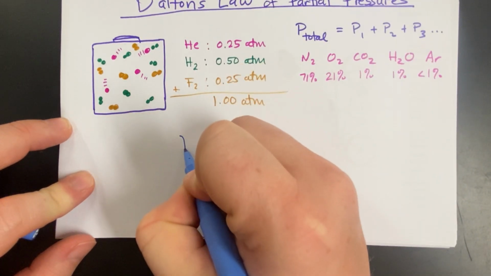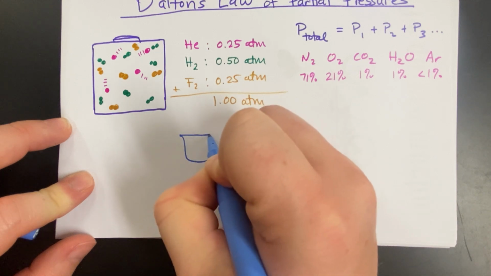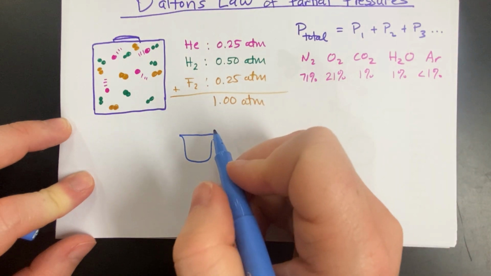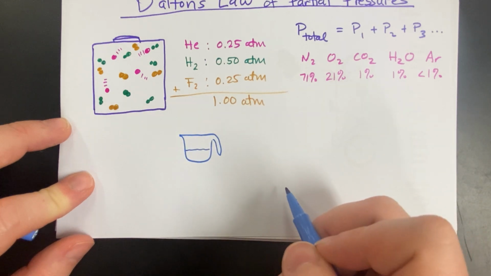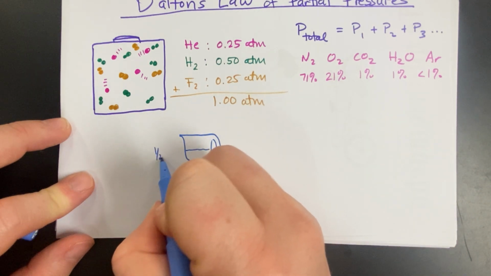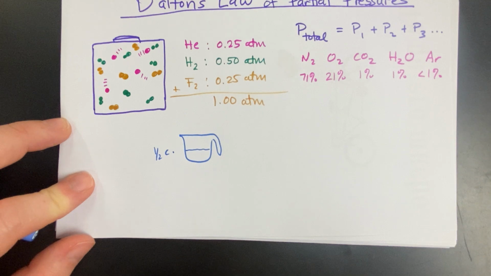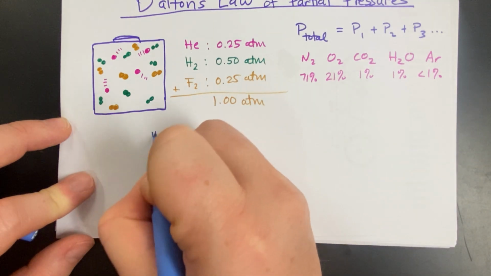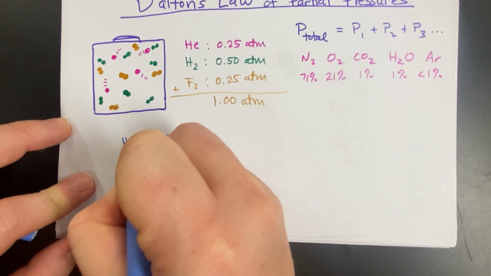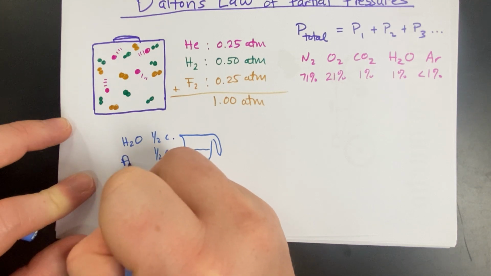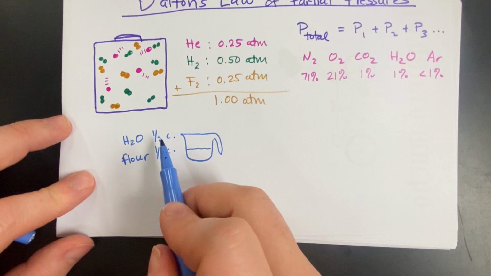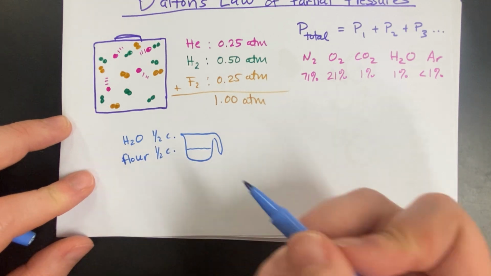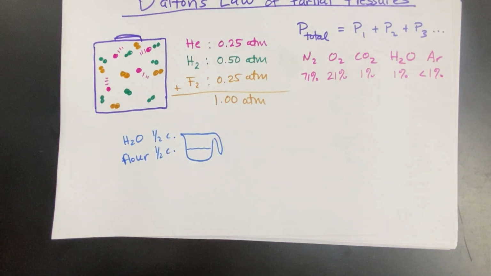Let's say there's one of those little glass Pyrex containers, right? And you put in some flour. So we have some flour down here. Maybe you put in a half cup of flour. And then you put in a half cup of water. Do you know this? If you've been in the kitchen very long, does a half cup of water and a half cup of flour equal 1 cup?